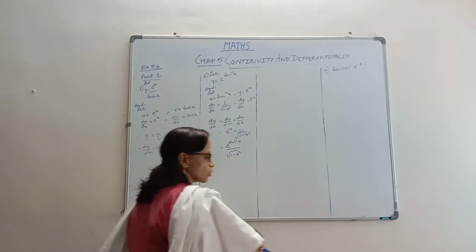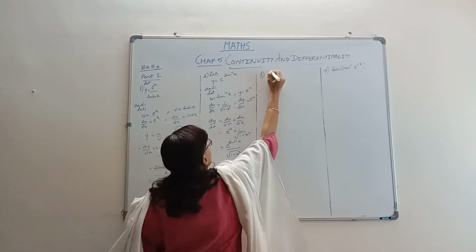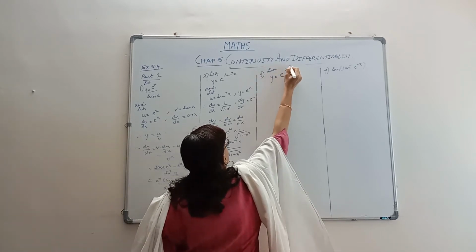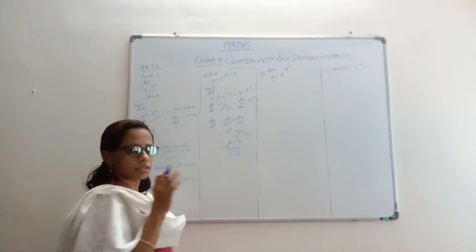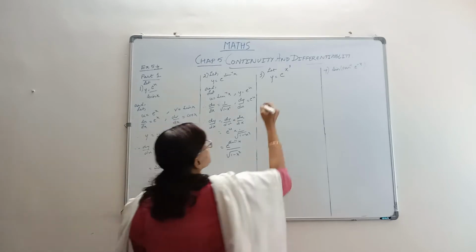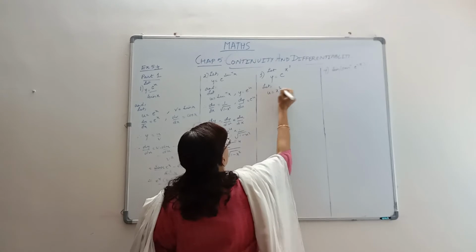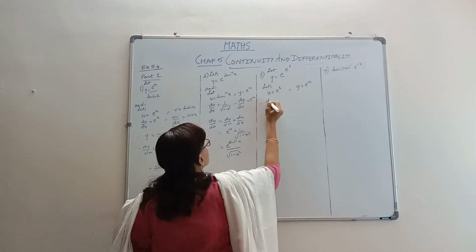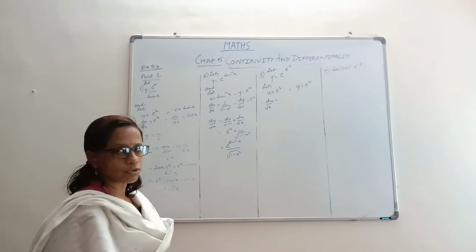E raised to x cube. Now this problem is important because it's coming later in the exercise also. So let y be e raised to x cube. We are using it later in the exercise as an extension, so it's from that angle it is important. So for our convenience, let u be x cube, and therefore y becomes e raised to u. So u in terms of x, if you take the derivative, x raised to n has got the derivative nx raised to n minus 1.